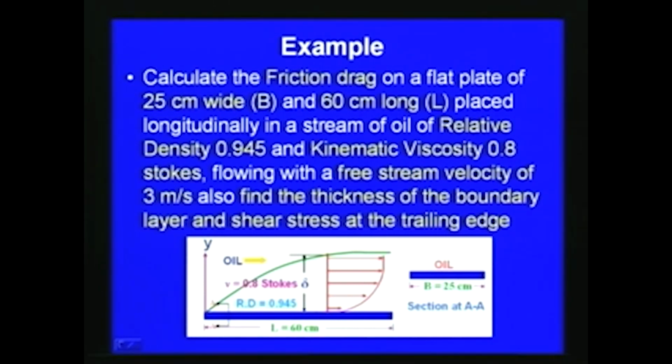We have seen, starting from the boundary layer equations, parameters like delta star and momentum thickness derived by Blasius in the earlier slides.